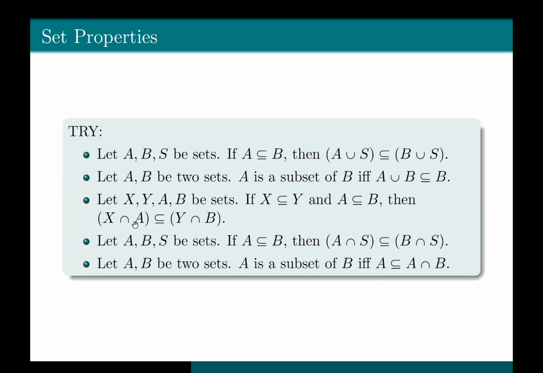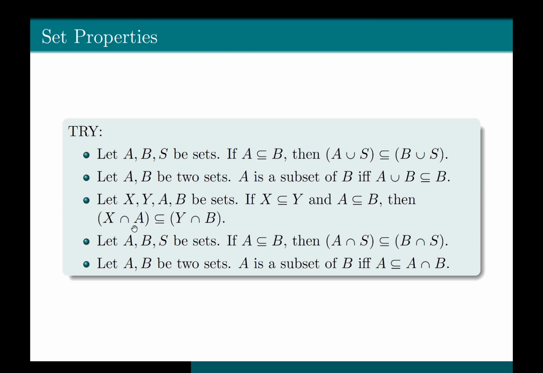If x belongs to X intersection A, because we have the intersection sign, we will definitely have that the element x belongs to both the sets X as well as A. Now X is a subset of Y, therefore x belongs to Y. A is a subset of B, therefore x belongs to B, which will imply that x belongs to Y intersection B. Again, pretty easy. The proof is pretty easy.